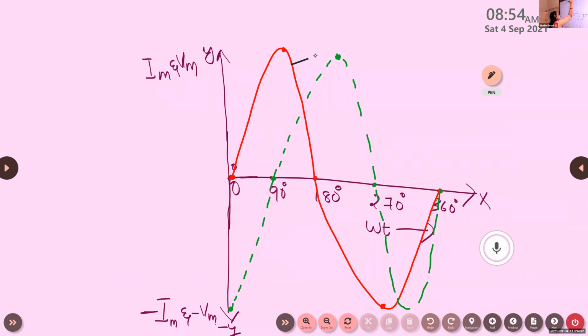Here the solid line represents the graph corresponding to EMF, and this dotted line represents the graph corresponding to current. This is a graphical representation of AC voltage through inductor.